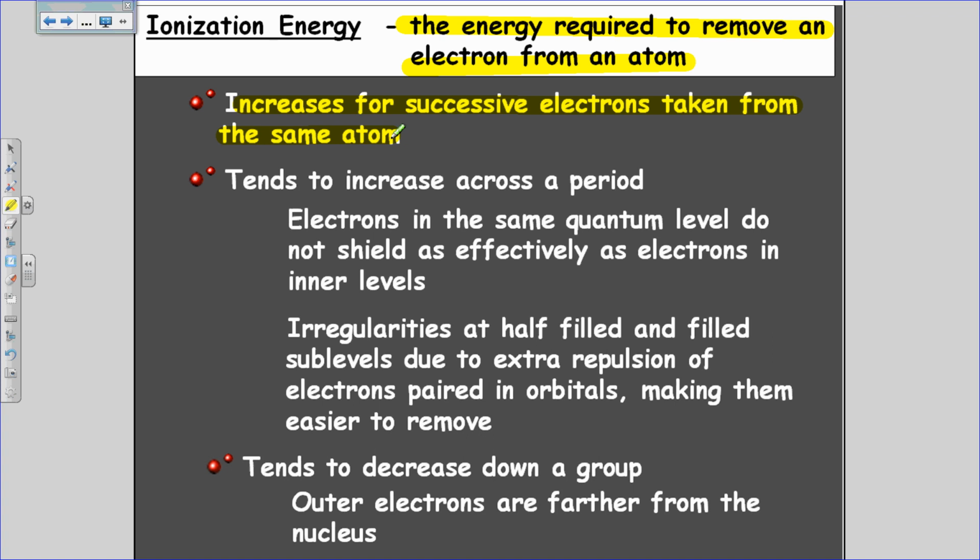When you're specifically talking about the periodic table, as you go across a period, it tends to increase. See the magic word there, tends? I'll show you a couple instances where it doesn't. It also tends to decrease down a group. But there are some irregularities at half-filled and filled sublevels, and we'll talk about why those are in class.